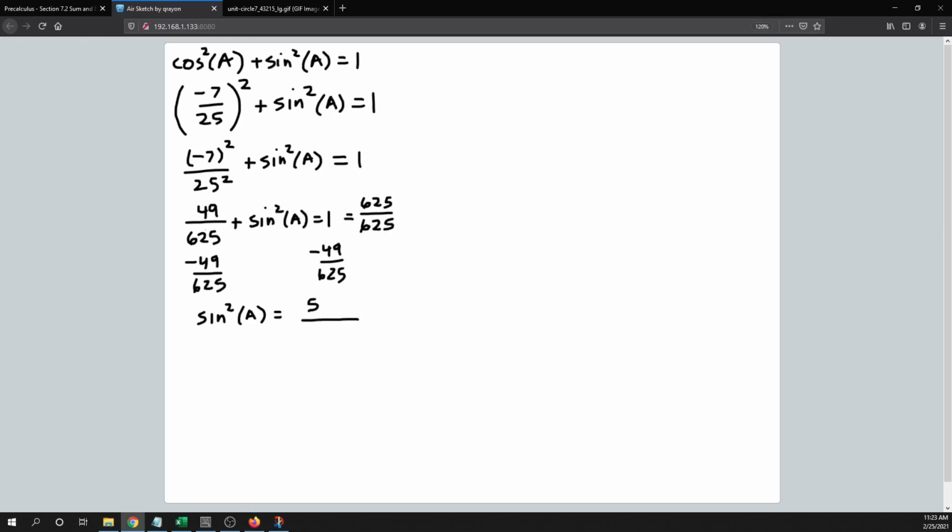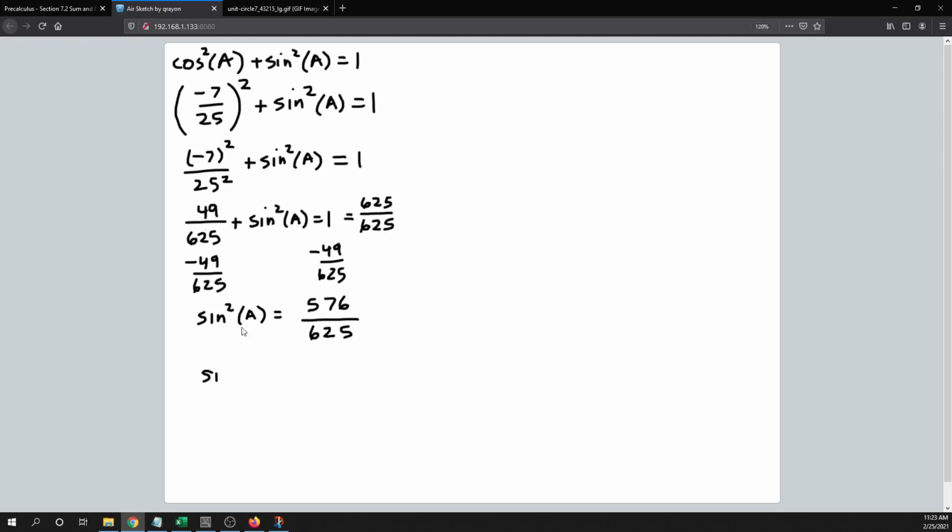So 625 minus 49 is 576, yeah, over 625. It's 576 on top. And then we keep it over the same denominator here. All right, and so now I have solved for sine squared.